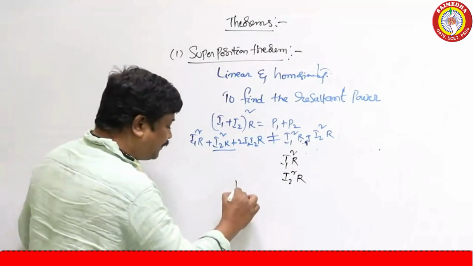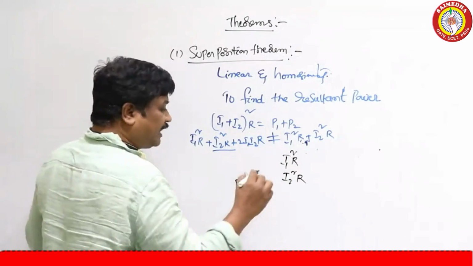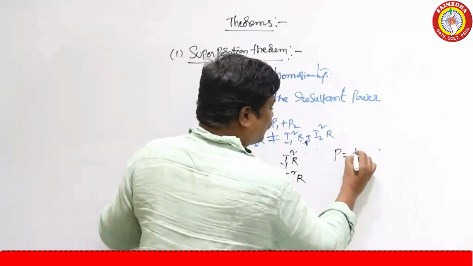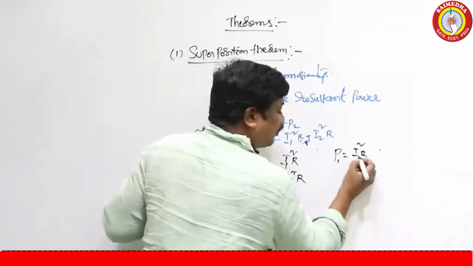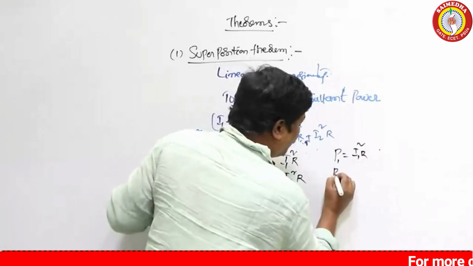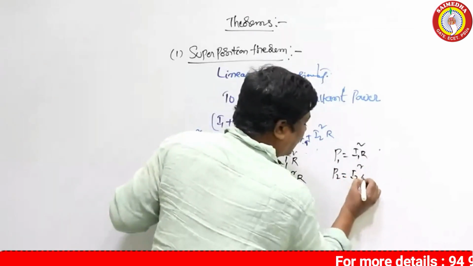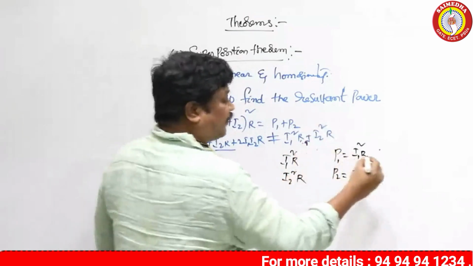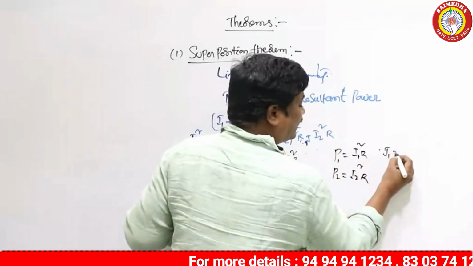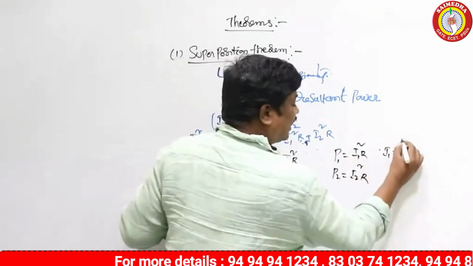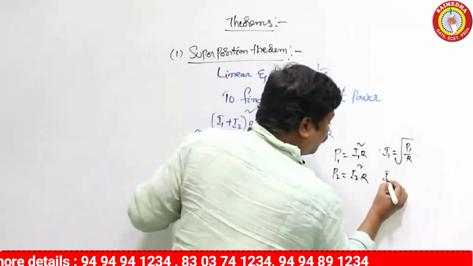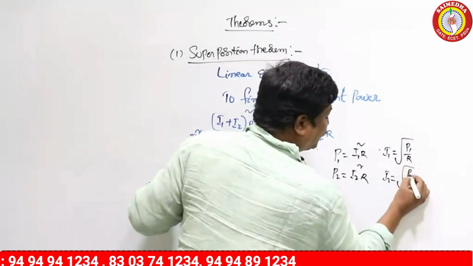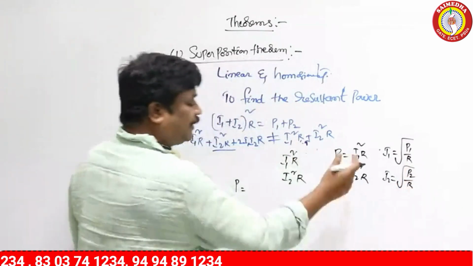Generally the power formula is P is equal to I square R. P1 is equal to I1 square R, P2 is equal to I2 square R. From this, suppose I want to calculate I1. I1 is equal to root of P1 by R. I2 is equal to root of P2 by R.